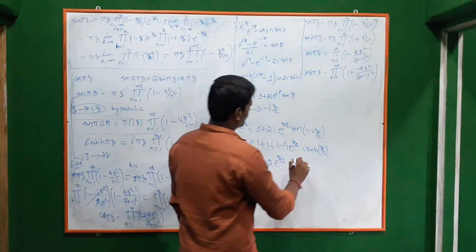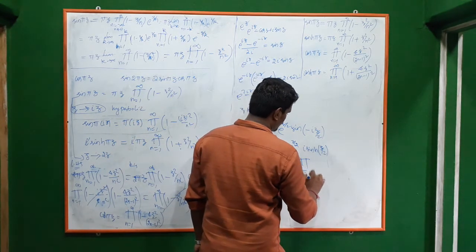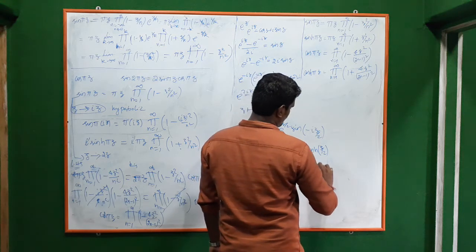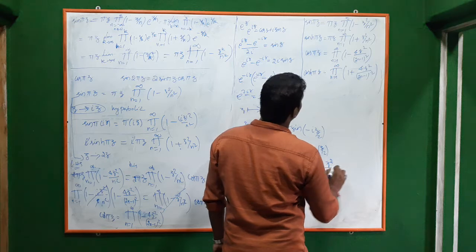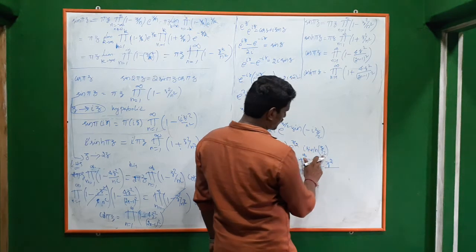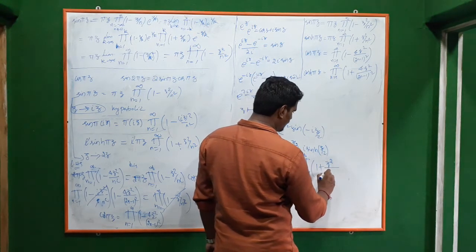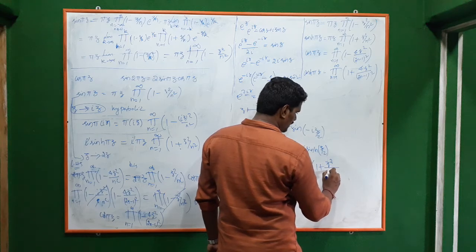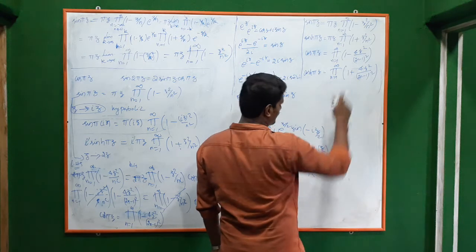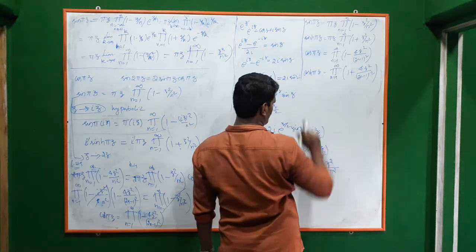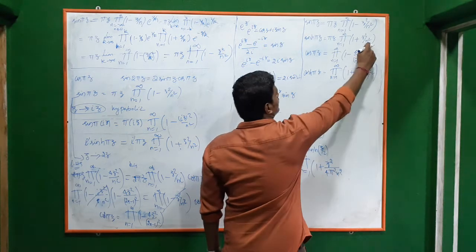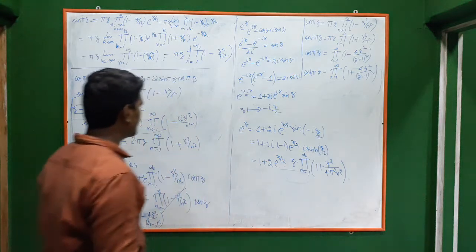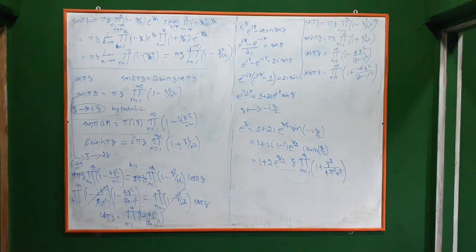So z into the product n from 1 to infinity of 1 plus z square by, this 2 is there here, so divided by 2 will be there, 4 pi square. Pi is not there here, so divided by pi square divided by n square as it is here. So this is the expression for e power z.